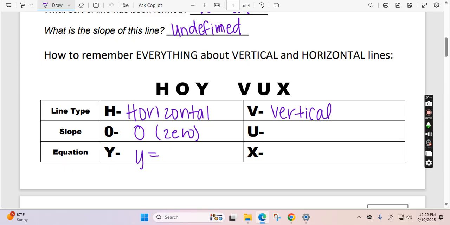Okay, so our slope is undefined. And what does our equation look like? X equals something. Okay? Alright, is everybody good? Alright, let's move on.